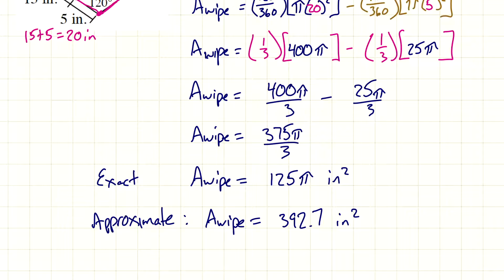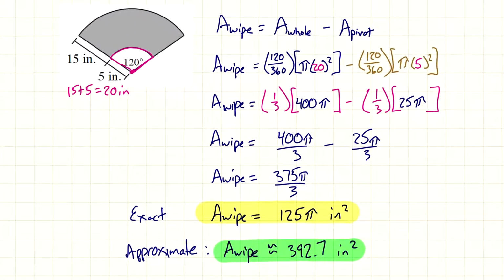We have an exact at 125 pi, and we also have an approximated, oh, let me change this to not squiggly equal sign. All right, so that tells us exactly how much area is being covered by this windshield wiper.